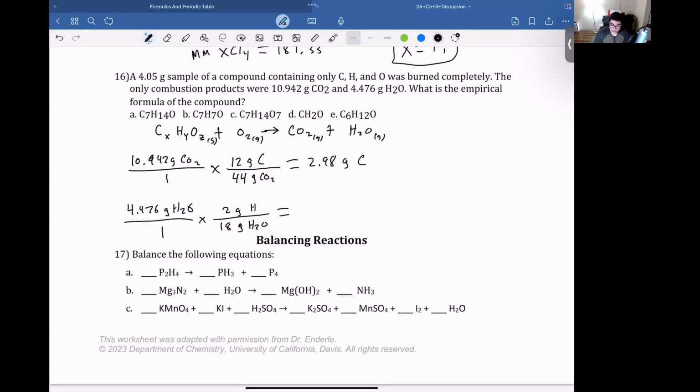So you could say out of 100 grams of water, it's just easiest to use whatever the actual mass is. Let's see, we get 4.476 divided by 9, which is about 0.497 grams of hydrogen. Then we can add these up.